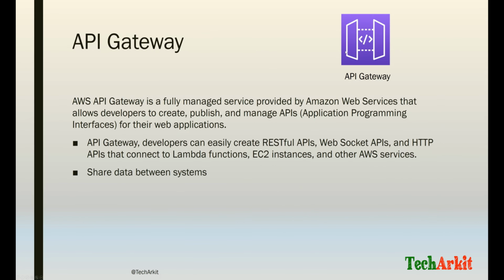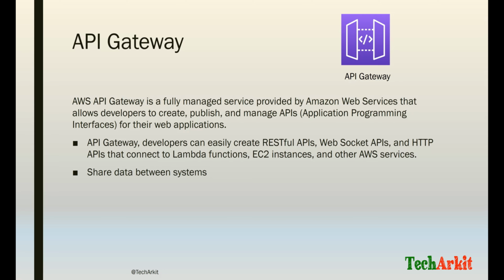API Gateway. So what is this API Gateway here? API Gateway is a fully managed service provided by Amazon Web Services that allows developers to create, publish and manage APIs, which are application programming interfaces, for their web applications. So if you want to develop any APIs for your developers, or create, publish and manage your APIs, you can do that.